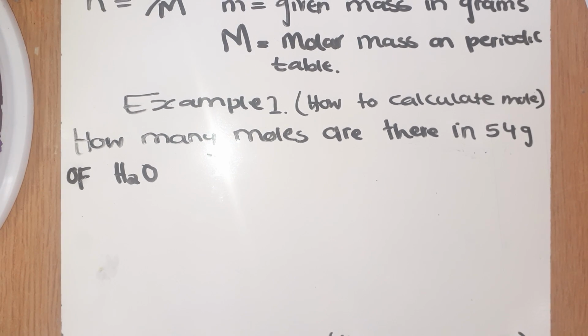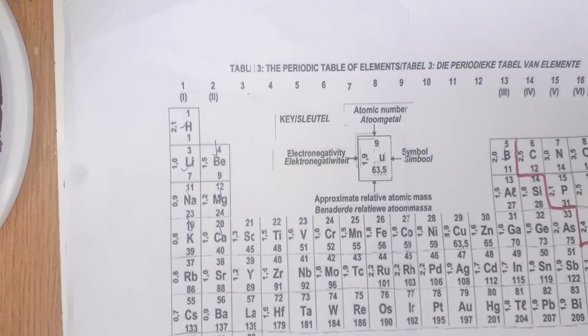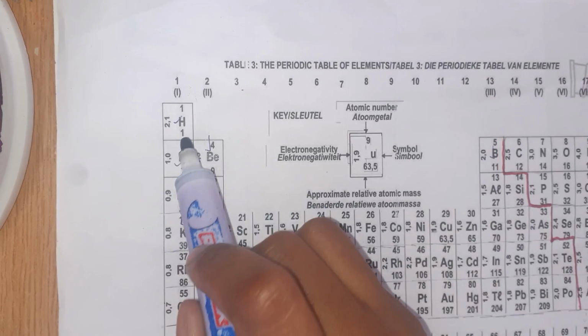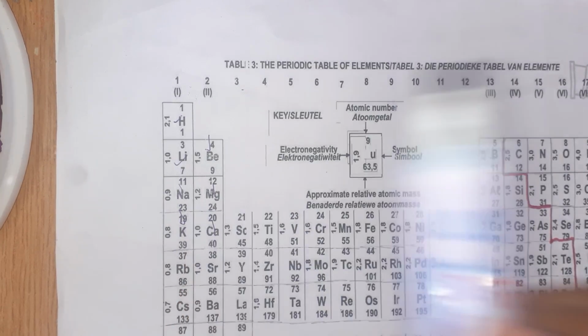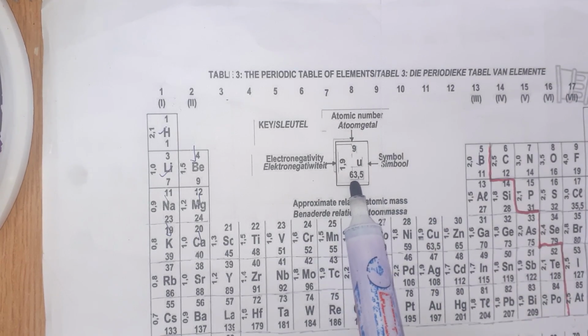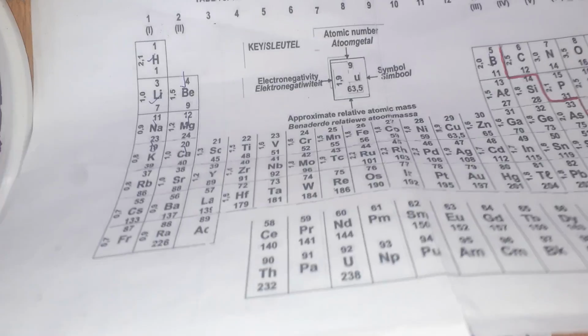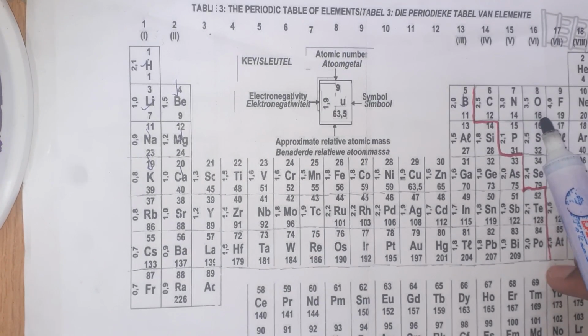Example 1. How many moles are there in 54 grams of H2O? Now we go to the periodic table. The mass of H is 1, the mass is the one on the bottom, and the mass of O is 16.